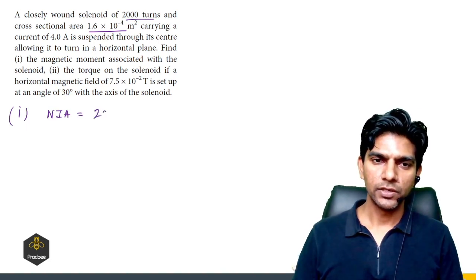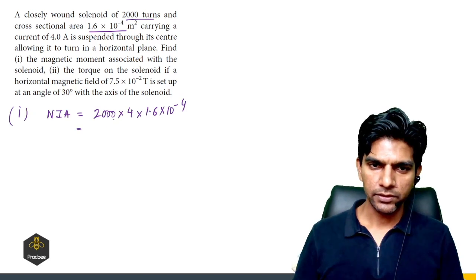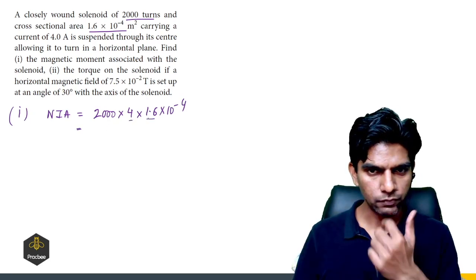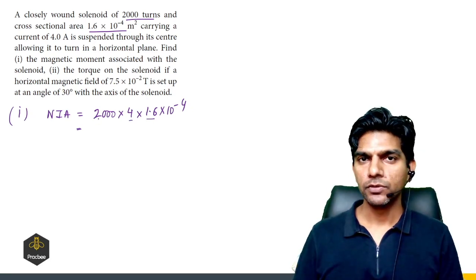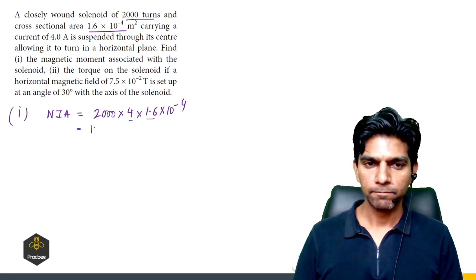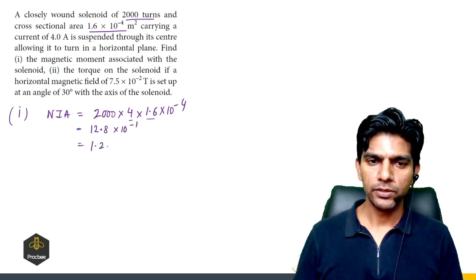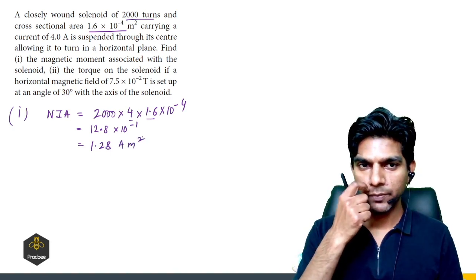So N is 2000, I is 4, and area is 1.6 into 10 raised to power minus 4. So if you simplify this, 16 times 4 will be 64, 6.4. 6.4 times 2 will be 12.8 multiplied with 10 raised to power minus 1. So this will become 1.28 ampere meter square. So that is the magnetic dipole moment.